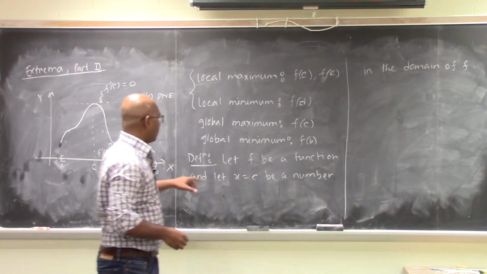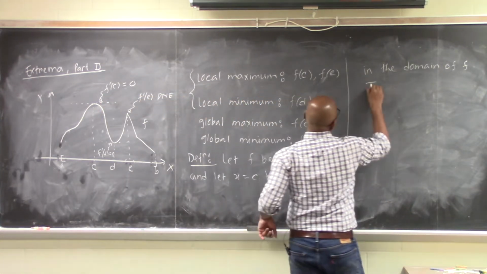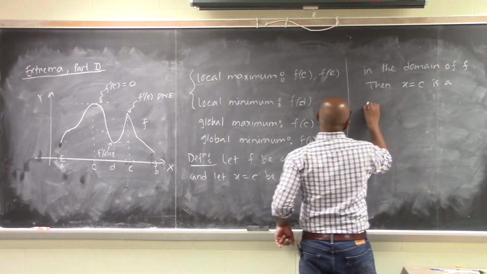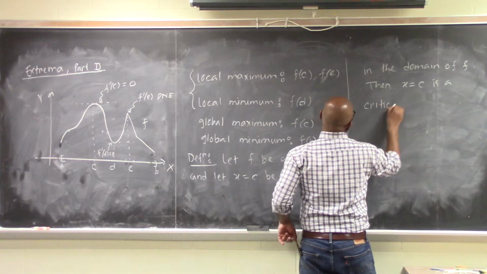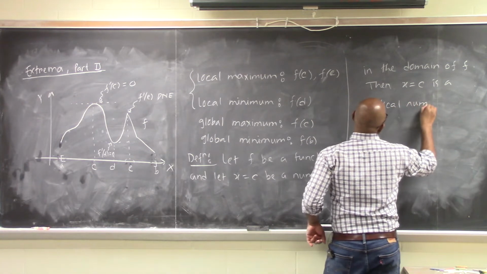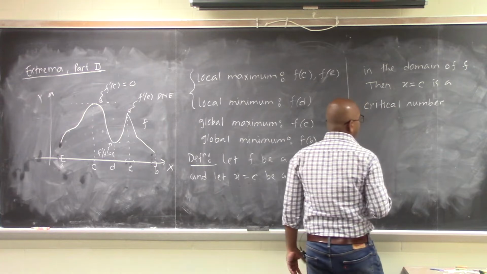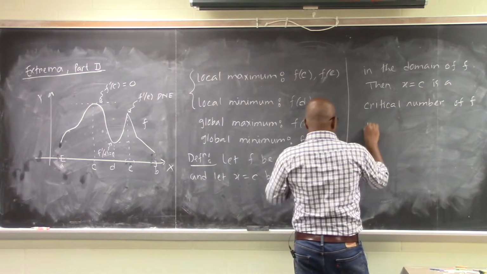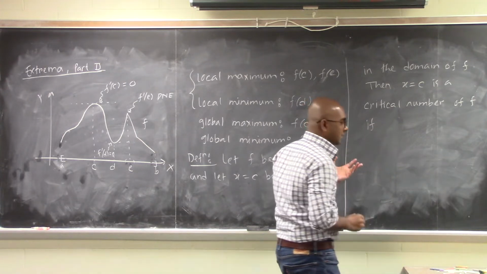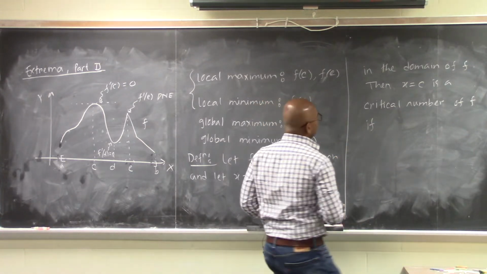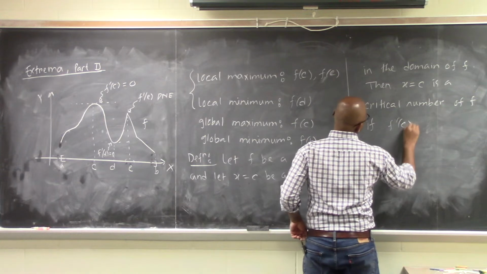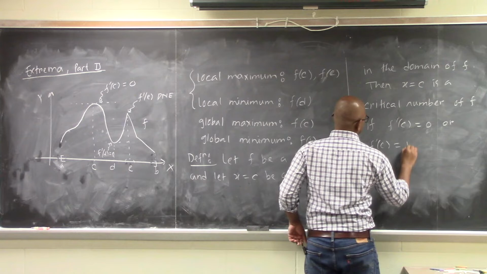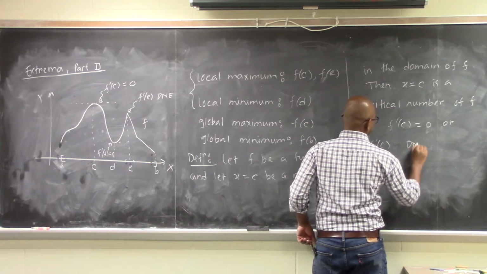Okay, so x equal to c is a critical number of f if one of the two things happen: f prime of c equals 0, or f prime of c does not exist, right?